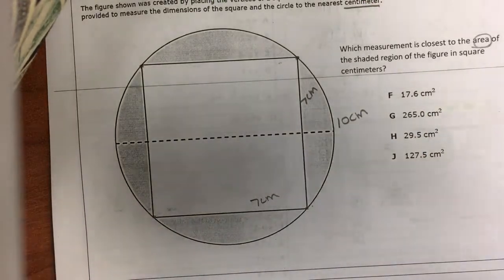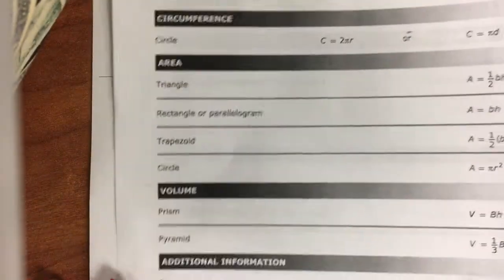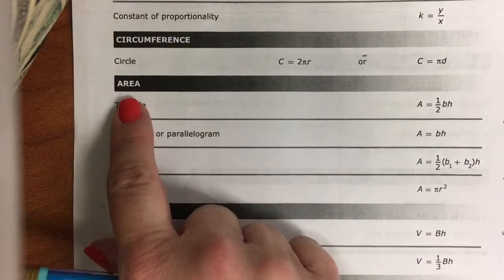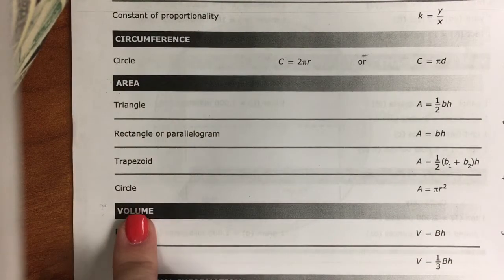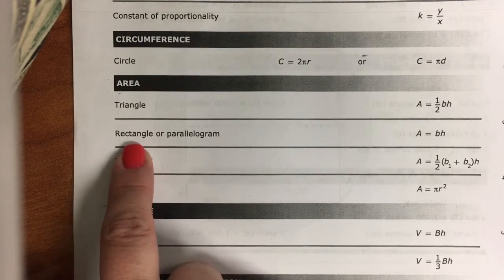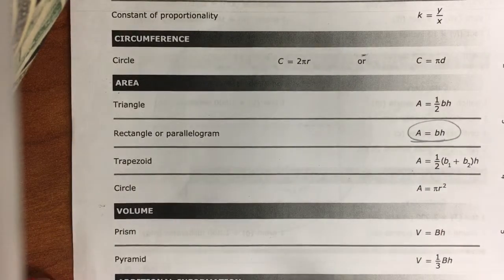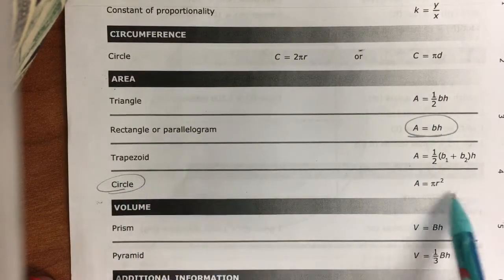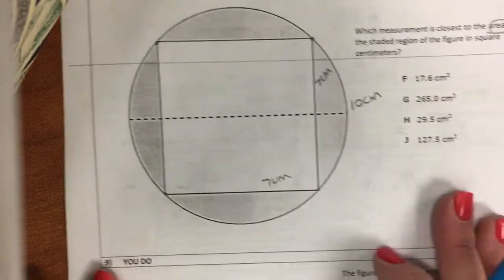To find the area of this shape, I need my reference material. I go to the section that says area. I don't have one for a square, but a square is a special case of a rectangle, so I can do base times height. And I need the area of a circle, which is pi r squared.